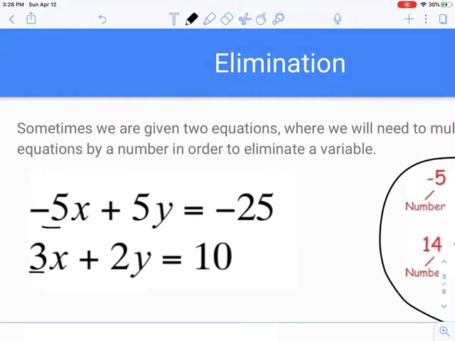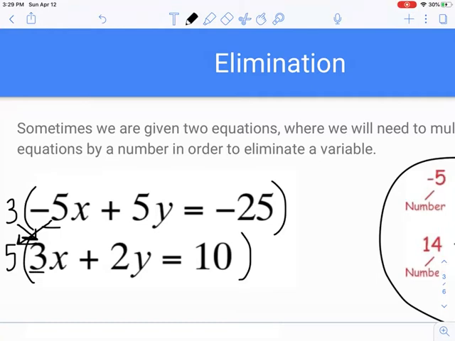So we're going to multiply our first equation by 3 to give us a 15, and we'll multiply the second equation by a 5 to give us a 15 in front of our x. Now if you notice, we multiplied the second equation by the coefficient of the x in the first, and we multiplied the first equation by the coefficient of the x in the second.